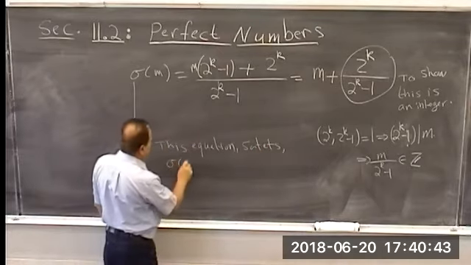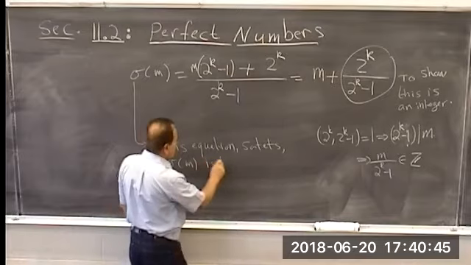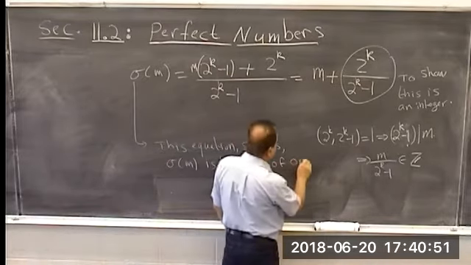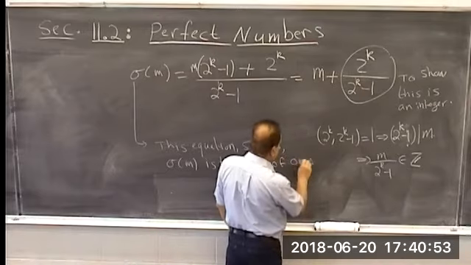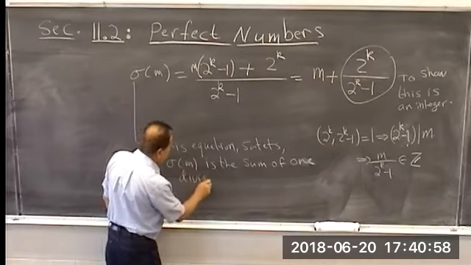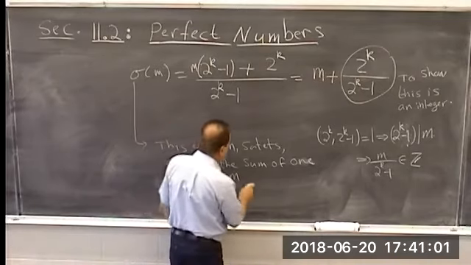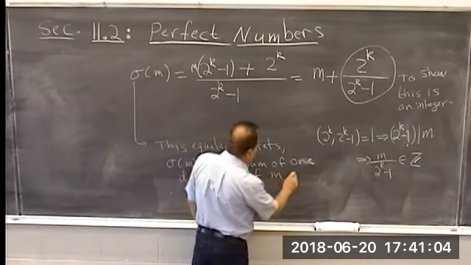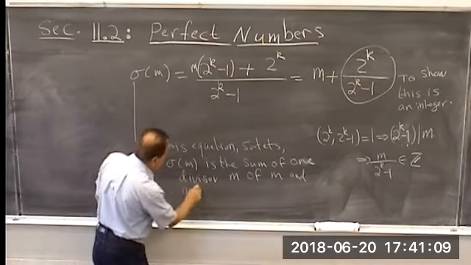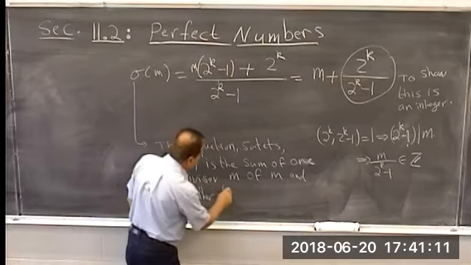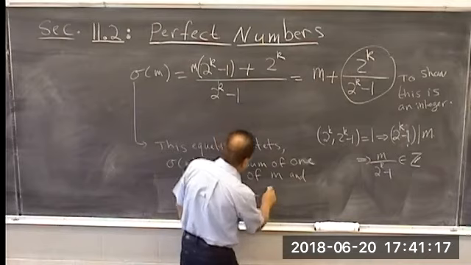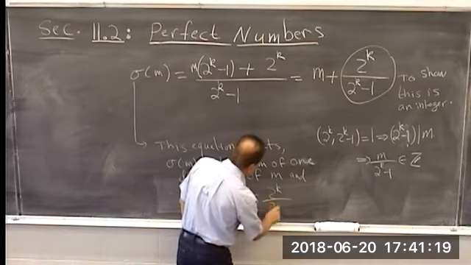Sigma of m is the sum of one divisor, m, and another divisor, which is 2 to the k over 2 to the k minus 1.